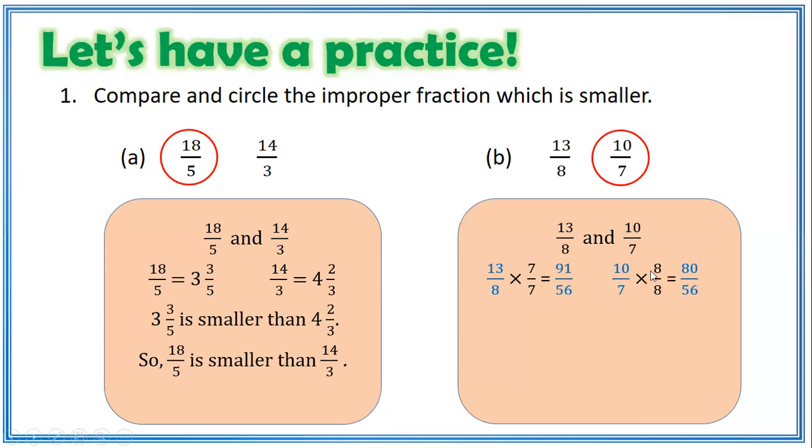And 10 times 8 is equal to 80, and 7 times 8 is equal to 56. Now the denominators are the same. So let us compare. 80 out of 56 is smaller than 91 out of 56. So 10 out of 7 is smaller than 13 out of 8.